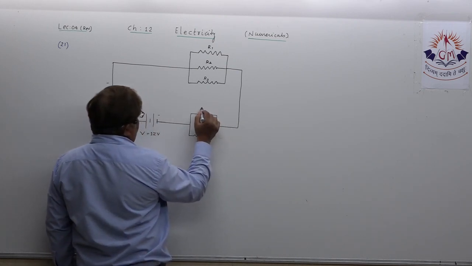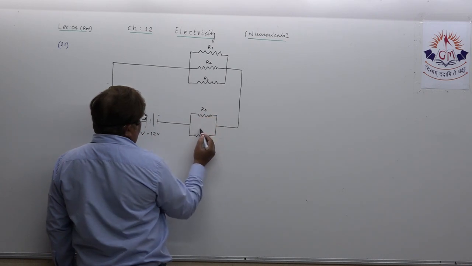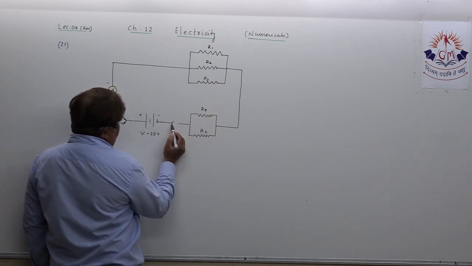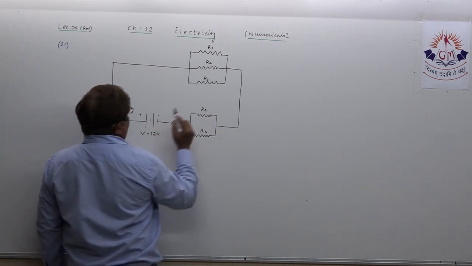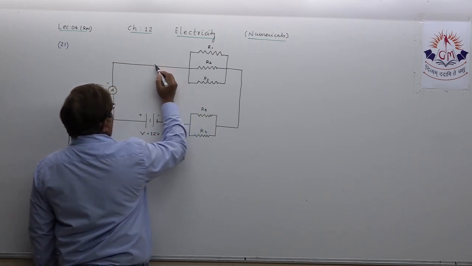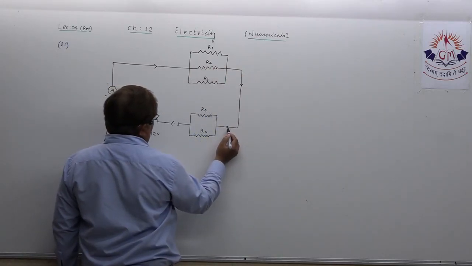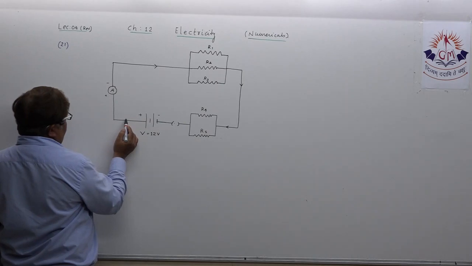This is resistor number R4, resistor number R5. The key you can show here, and this is the way they have shown the diagram.